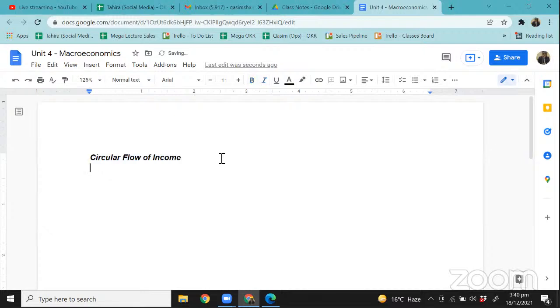Okay, let me write this down. So what is circular flow of income? It shows how money circulates in an economy, right? Now, think about this. In an economy, there are different groups.